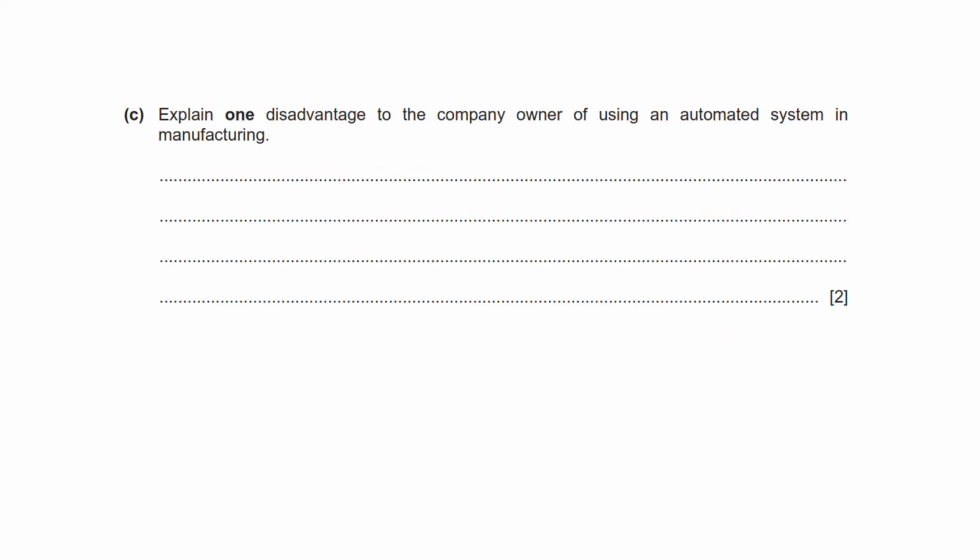Moving ahead, it says part C. It says explain one disadvantage to the company owner of using an automated system in the manufacturing.